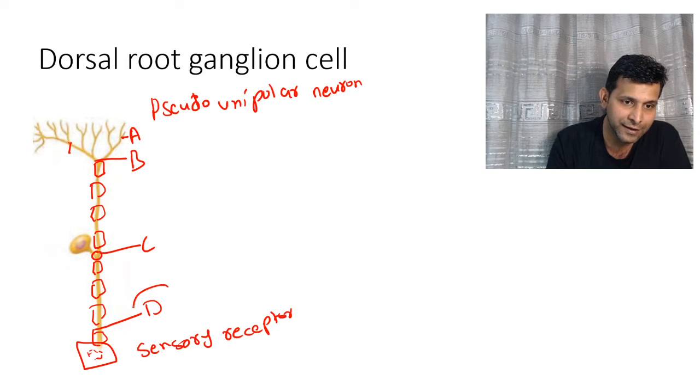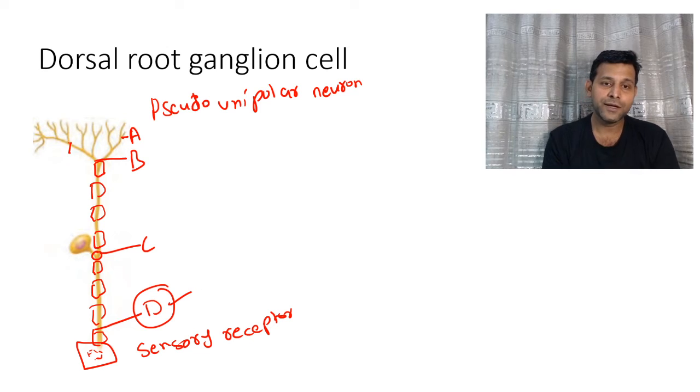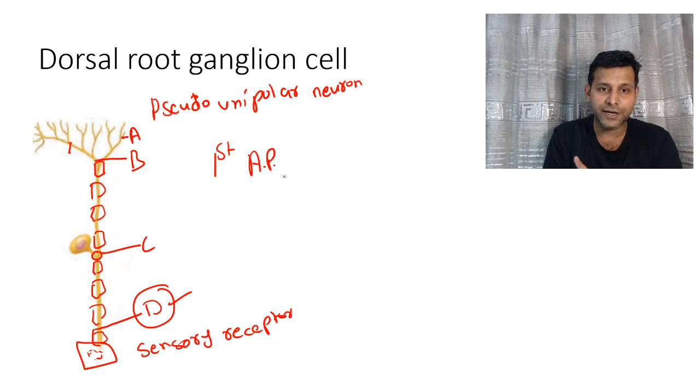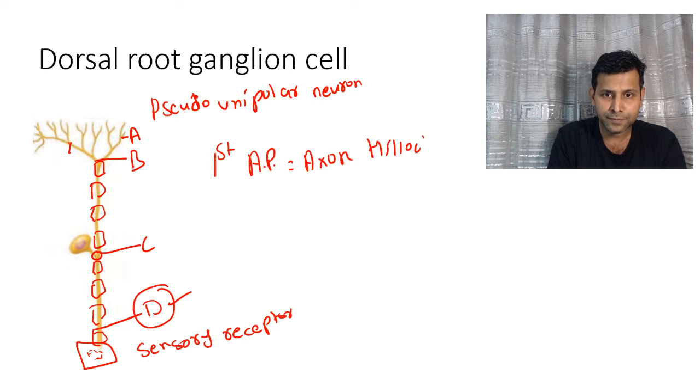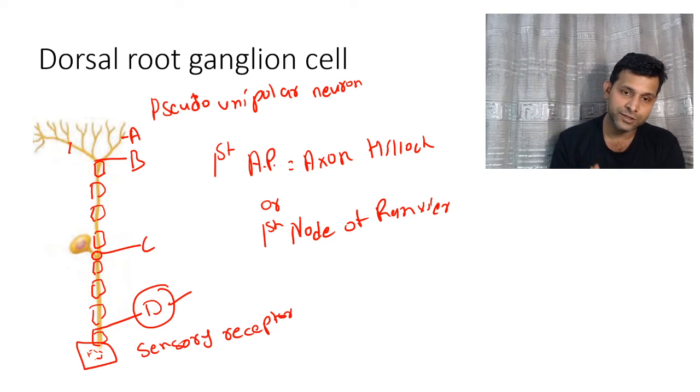The answer is D. Please remember this statement: the first action potential is generated either at the axon hillock or at the first node of Ranvier. These are the 2 important points where we can have first action potential.